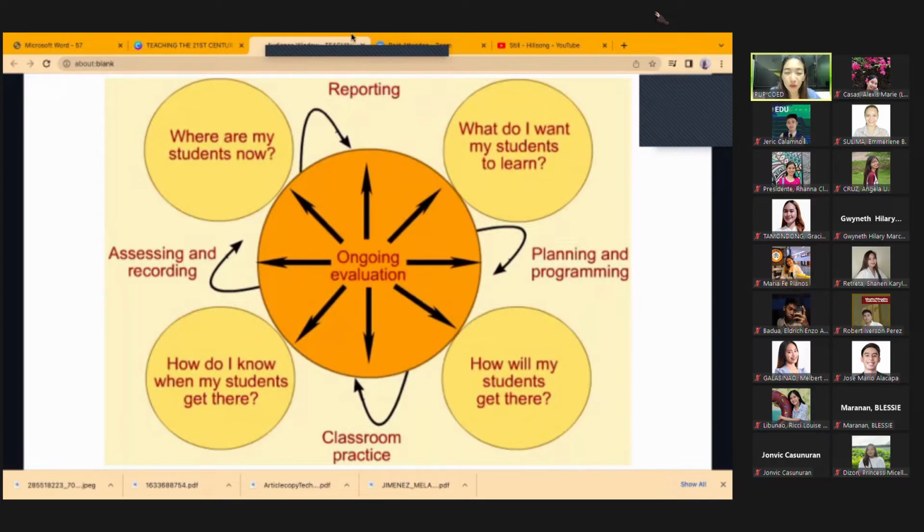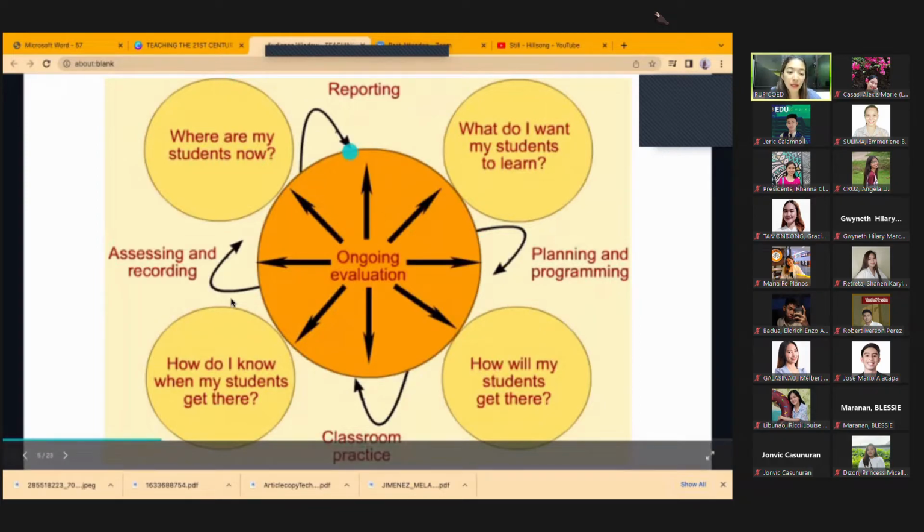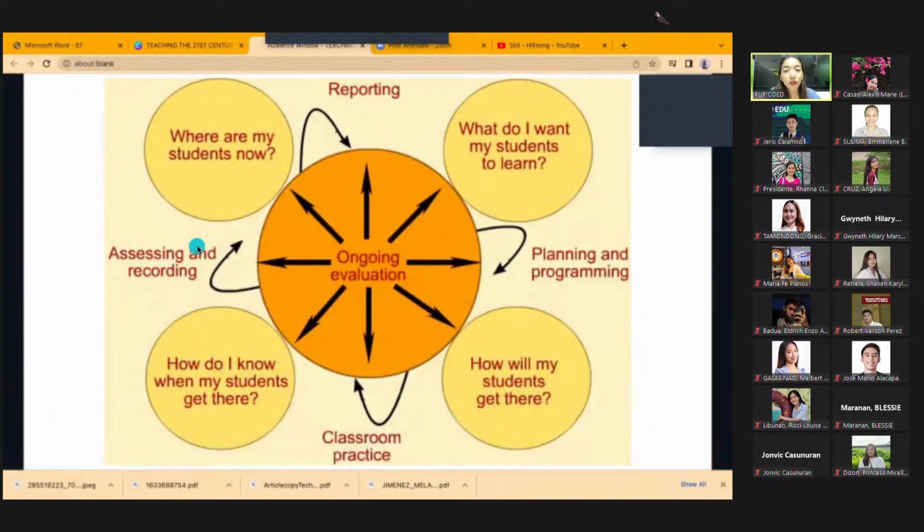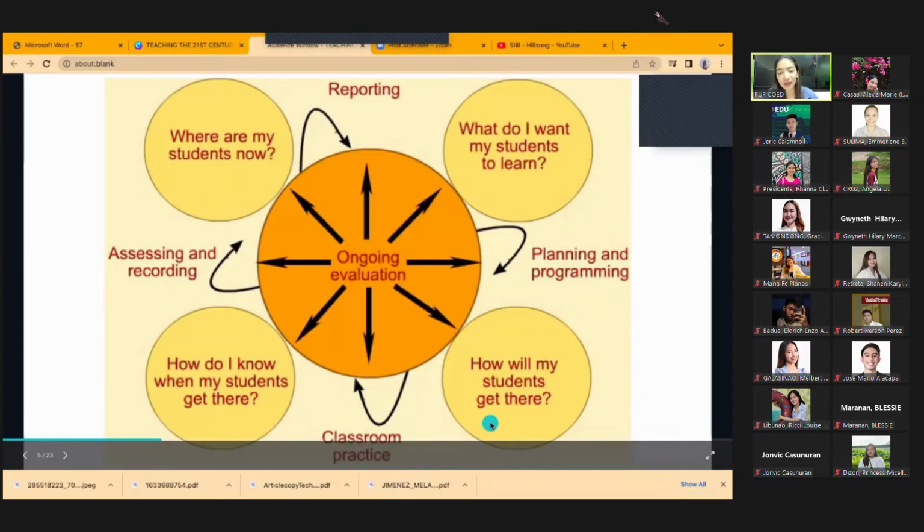Okay, but my concern here is, ano yung dito sa lahat ng aspect na to, dapat ginagamit mo na yung tech. Hindi lang sa classroom practice. So usually, gumagamit lang tayo ng tools. Remember that EdTech is there. Not only sa part ng classroom practice, dito sa how will my students get there, but it starts with dito pa lang sa reporting.